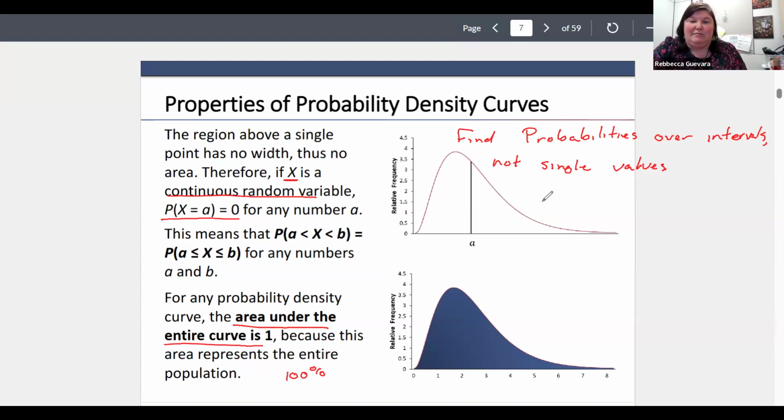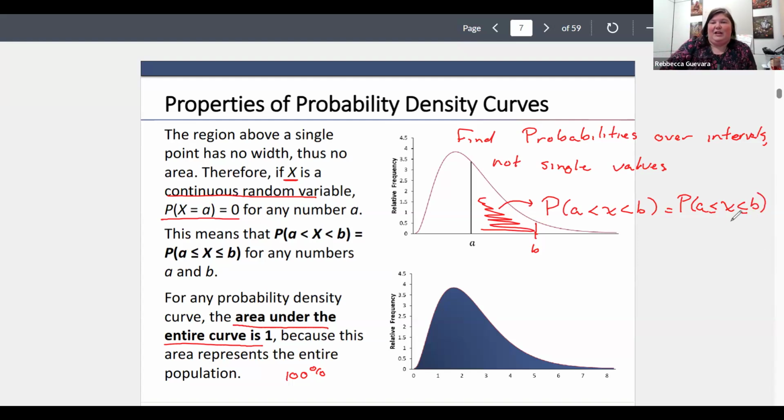So that means when I'm talking about probabilities, the probability that a value is between A and B, and this is B out here, the probability of this shaded region, is the probability of something being between A and B. That's also the same as the probability of it being between A and B inclusive, so those have the same probability. We use these interchangeably when we talk about intervals; sometimes it's going to be less than, sometimes less than or equal to.